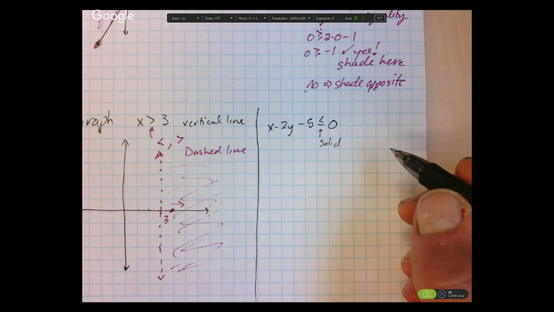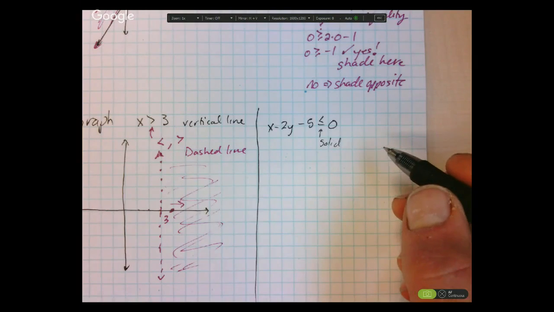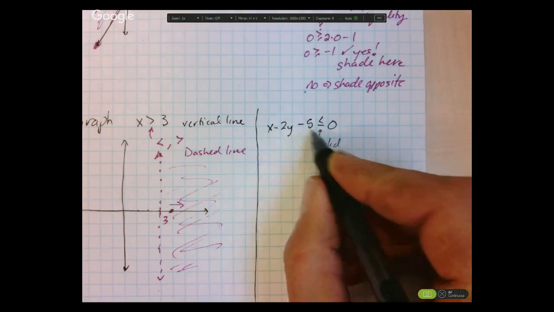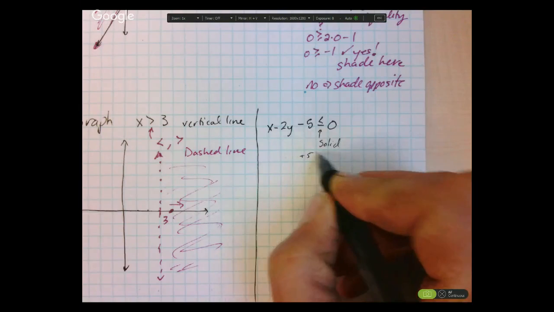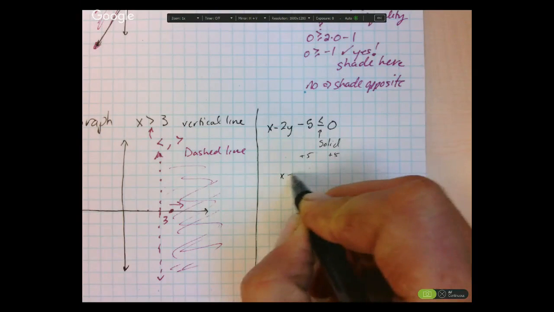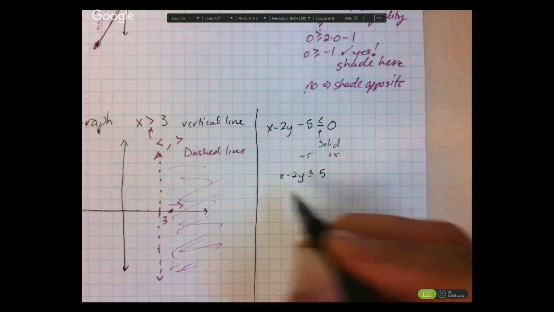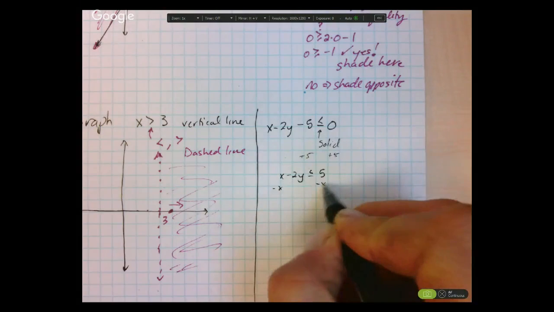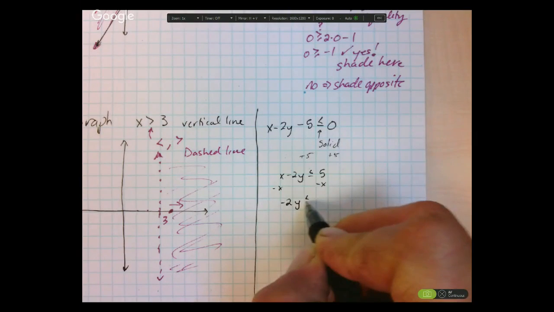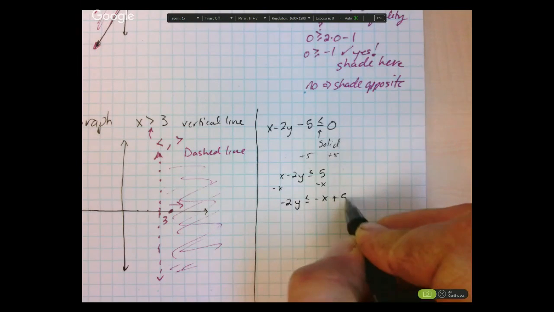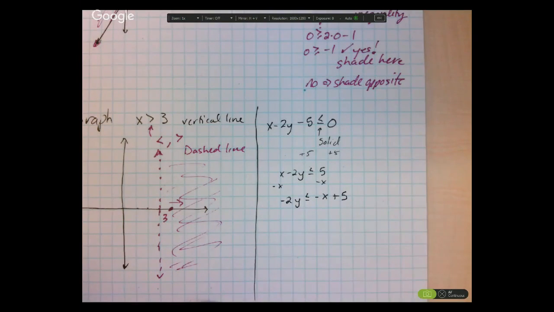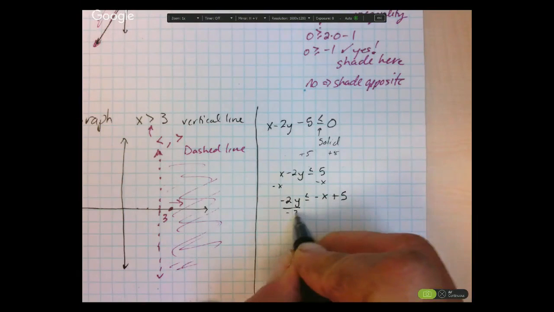Algebraically, most people prefer to solve this for y. So I can add 5. And I can subtract x. And then I can divide by -2.